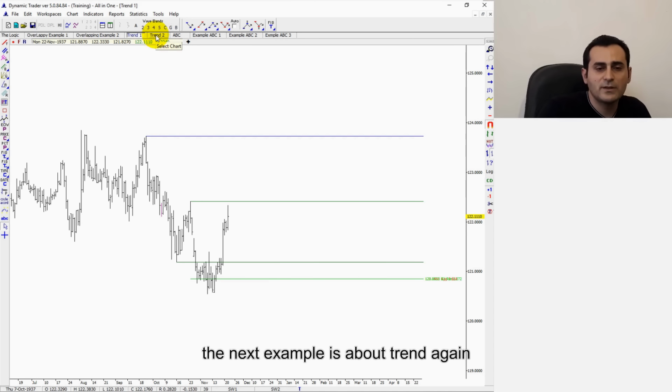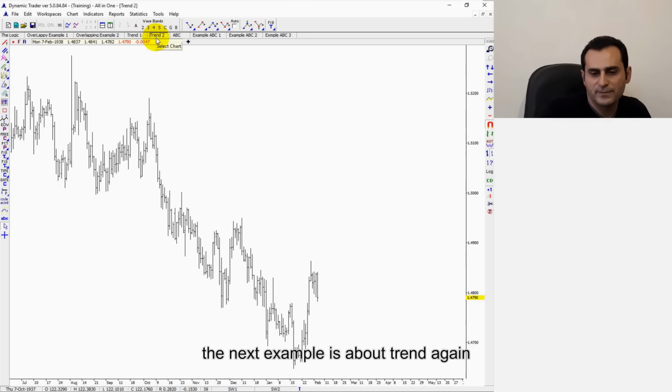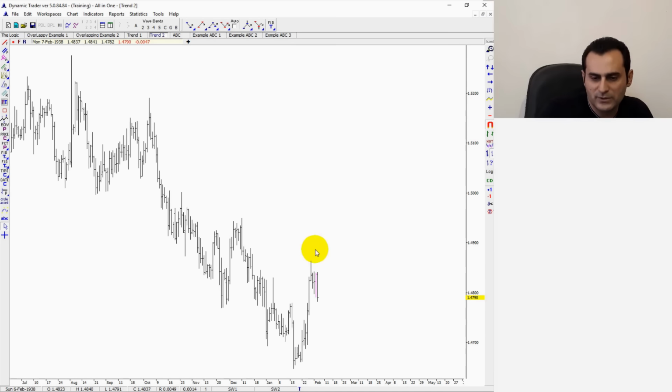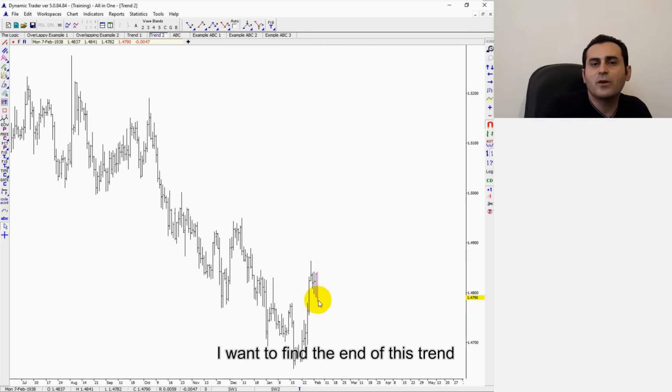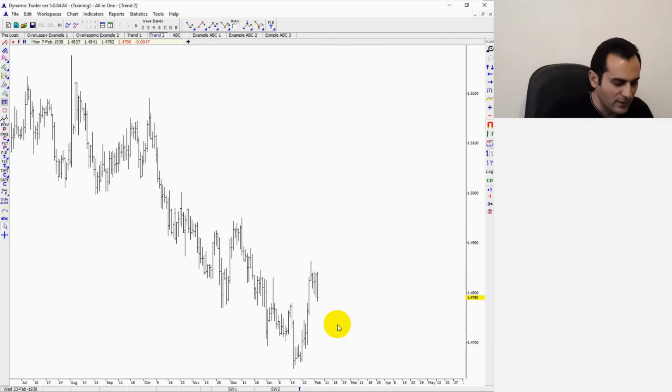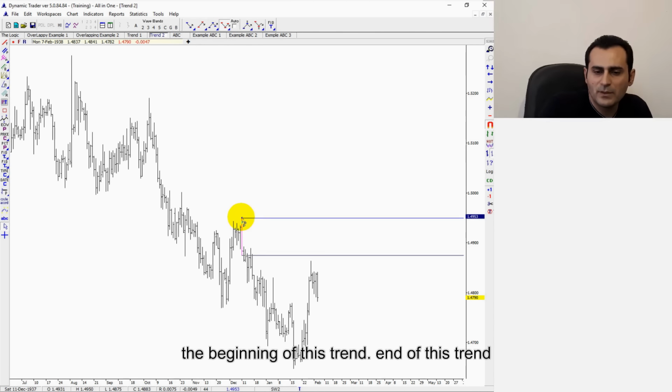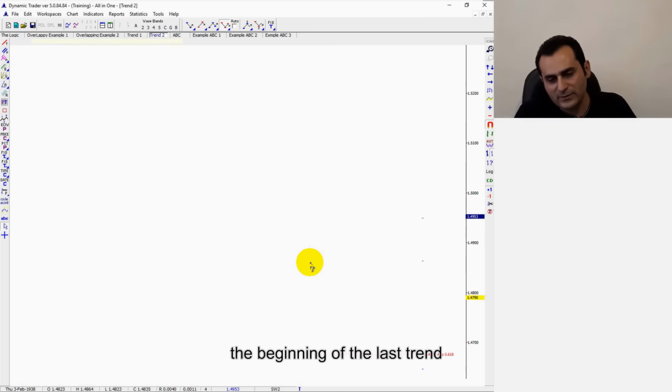The next example is about trend again. We have a trend here, correction, trend, correction, trend, correction. I want to find the end of this trend, okay? This one. Again, like the previous example, I use APP: the beginning of this trend, the end of this trend, the beginning of the last trend.